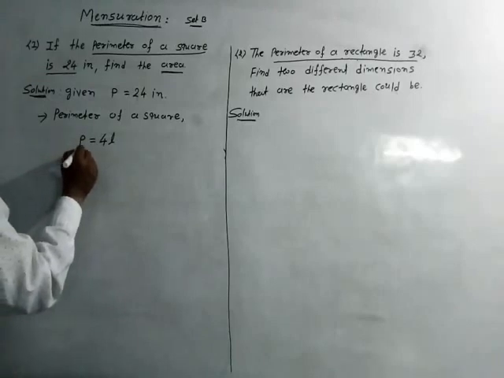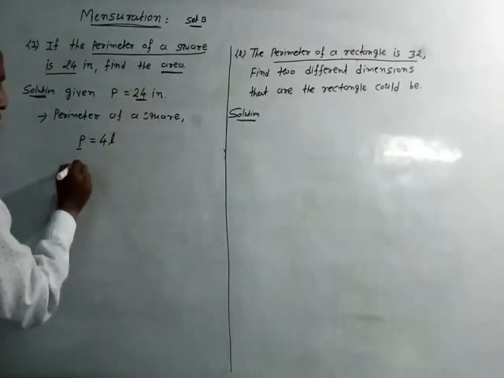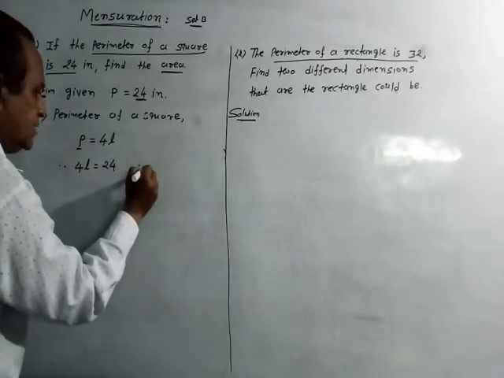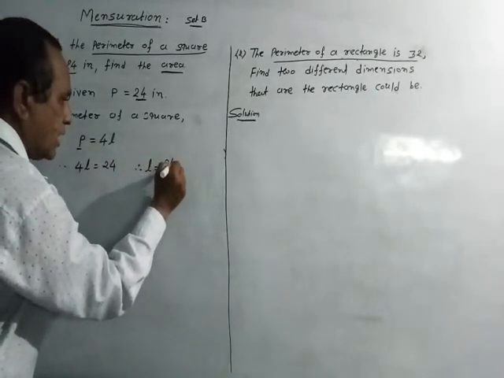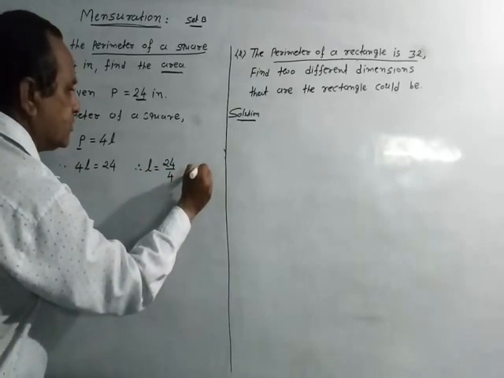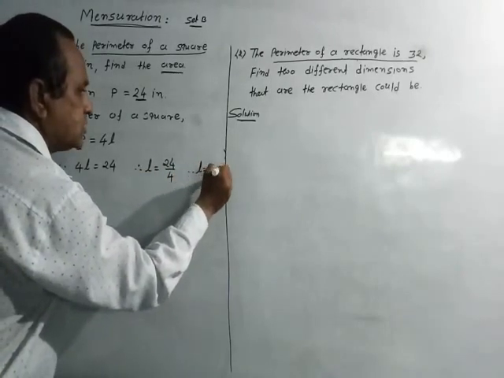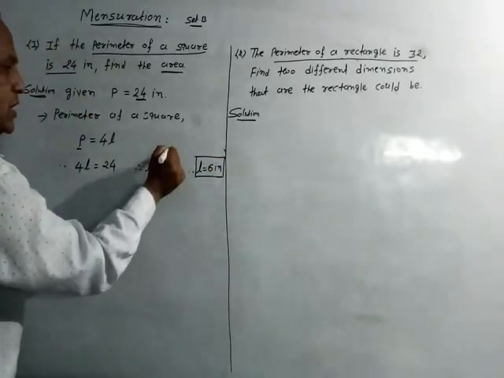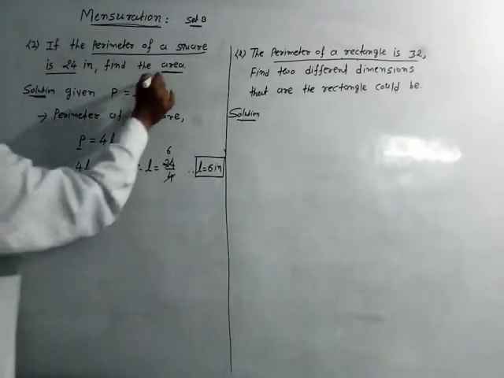So given value P is 24. So 4L is equal to 24. Then L is equal to 24 by 4. So L is equal to 6 inch. 4 sixes are 24.